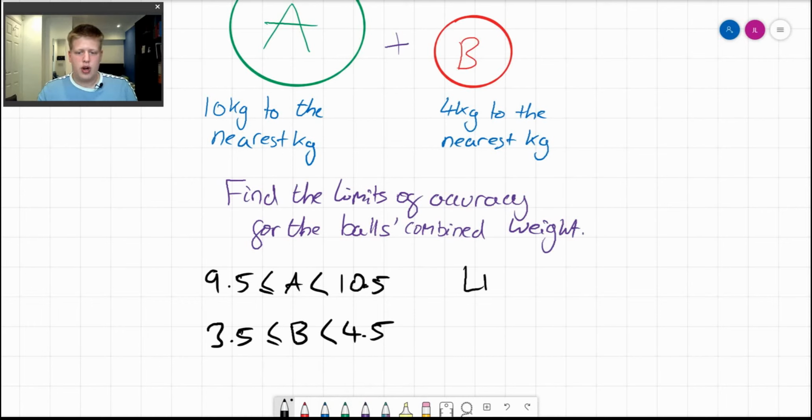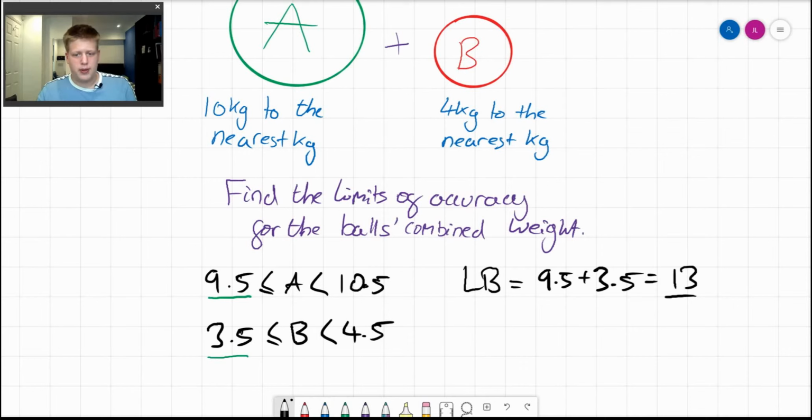Well, let's start with the lower bound. We'll call it LB. The lower bound will be, if you think about it, you'll take the lower bound of A and add that to the lower bound of B, because you want the balls to be the lightest so that their combined weight is also the lightest. So our lower bound will be 9.5 plus 3.5, which is 13.